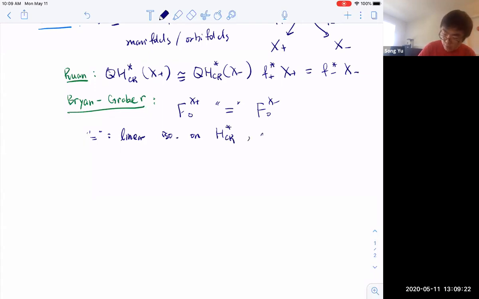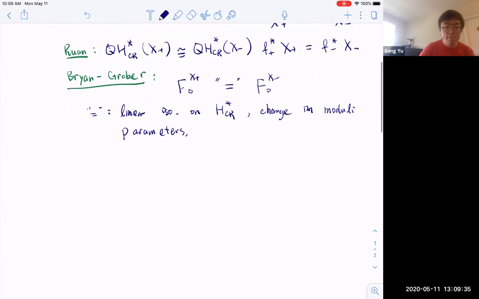Also we need to do a change in the moduli parameters. And last but not least, we usually need to perform some kind of analytic continuation.